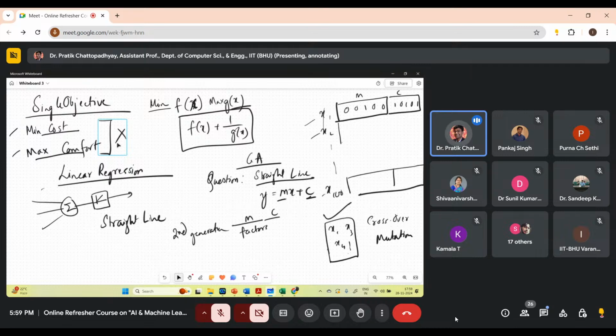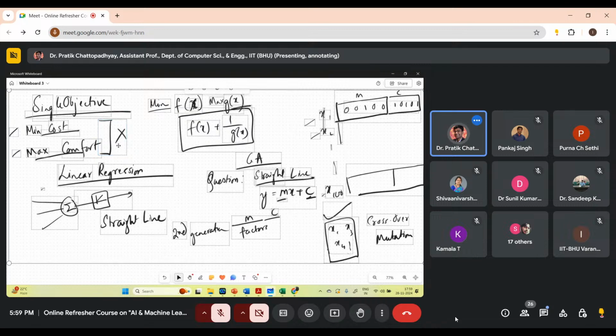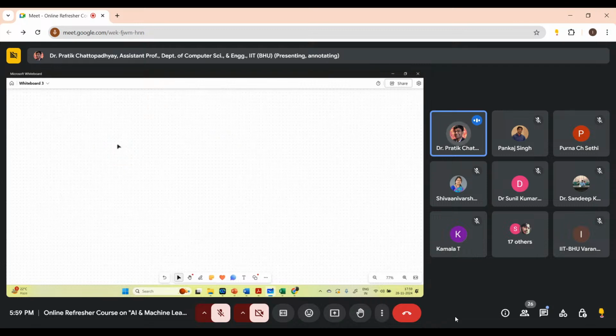So that was linear regression. Another problem we can discuss is, say, k-means clustering. I think you have heard about clustering techniques, the k-means clustering algorithm. So what it means is basically we have a set of points, and we want to make 2 groups or 3 groups out of them.